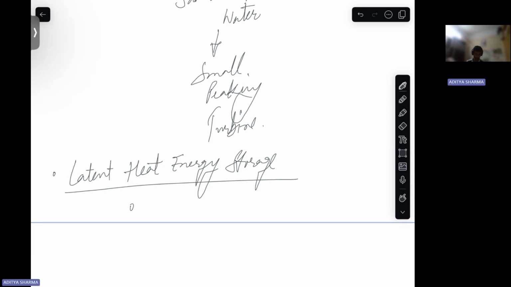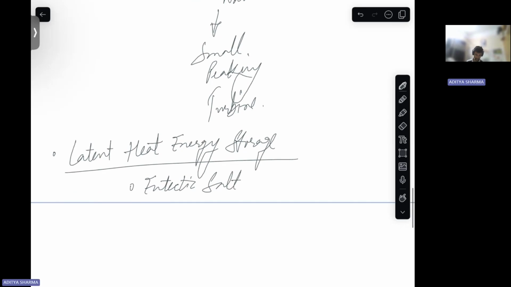So for your latent heat energy storage, what is an ideal material for that? One is your eutectic salt. I hope I have spelled it correctly.